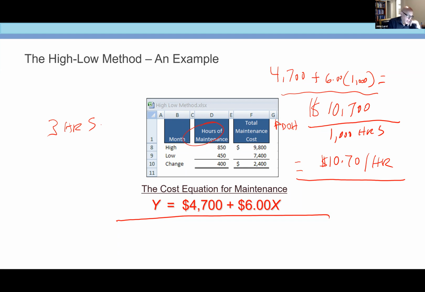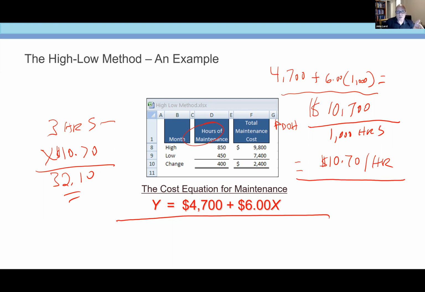I use 3 hours producing a box. How much overhead should I apply to it? $10.70 times 3 hours is how much did you say? $32.10. That's the amount of overhead that I would apply to that job.